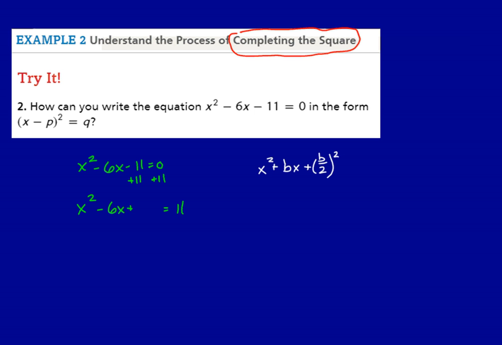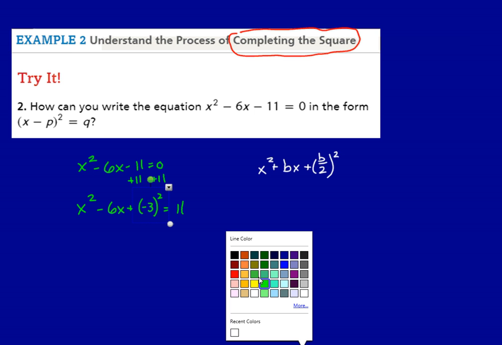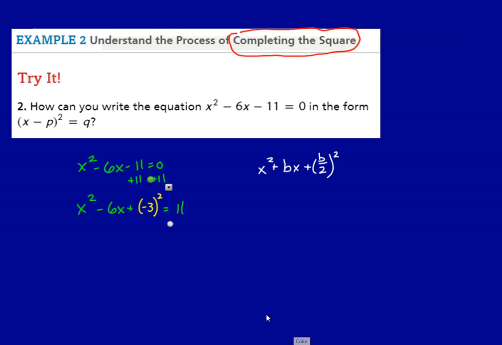So here we're going to cut the negative 6 in half, which is 6 divided by 2 is 3, so it's negative 3. So we're going to add in a negative 3 squared. Now if I add in a negative 3 squared, I have to add it in on the other side as well.